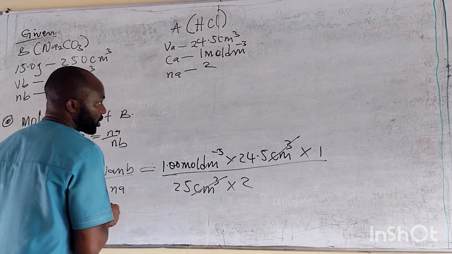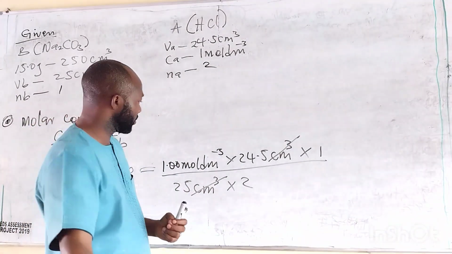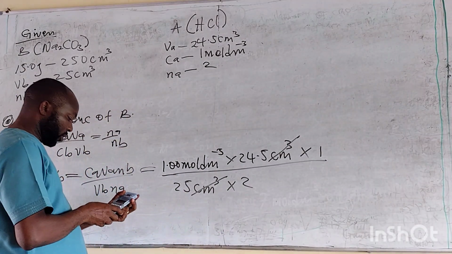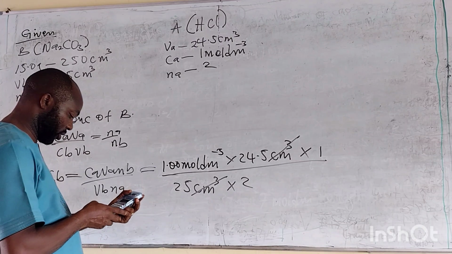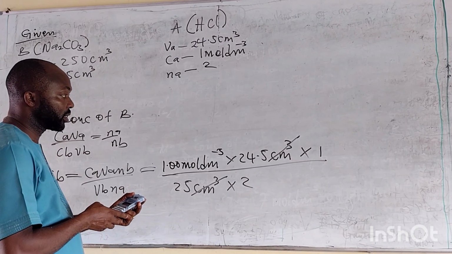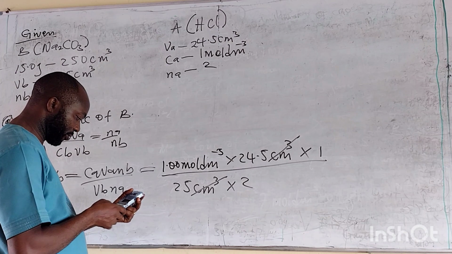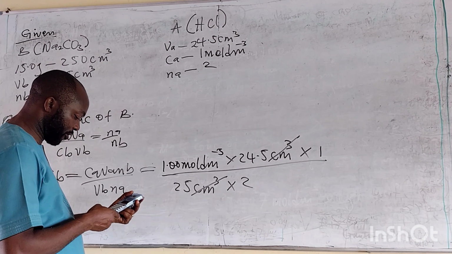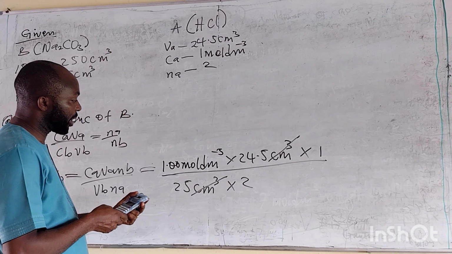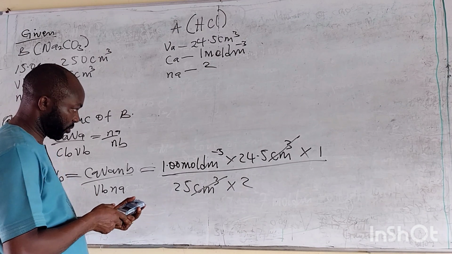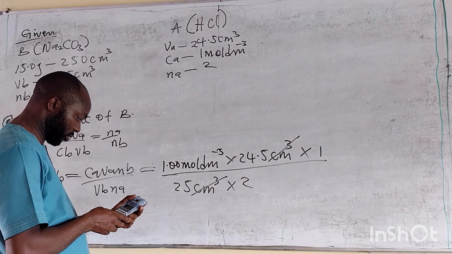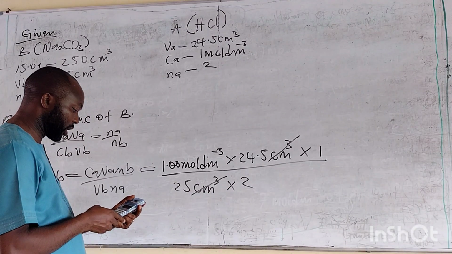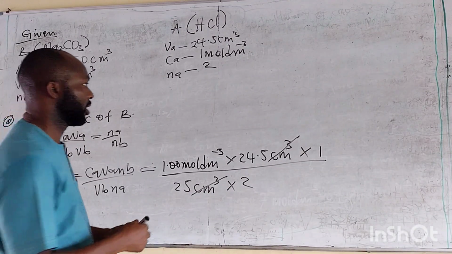Let's proceed to see what we have. 1 times 24.5 is equal to this, divided by 25 times 2, 50, 0.49.